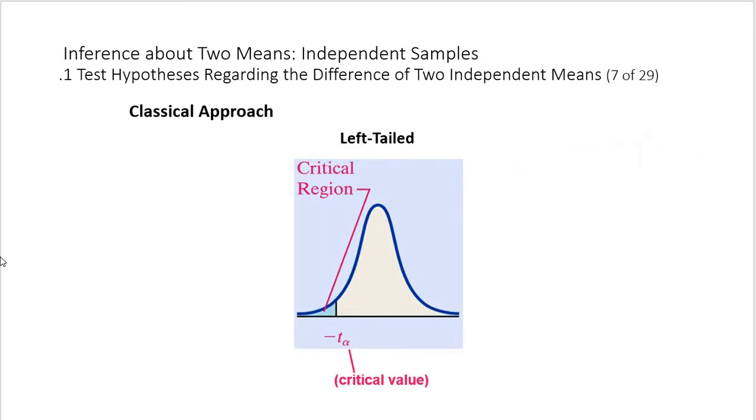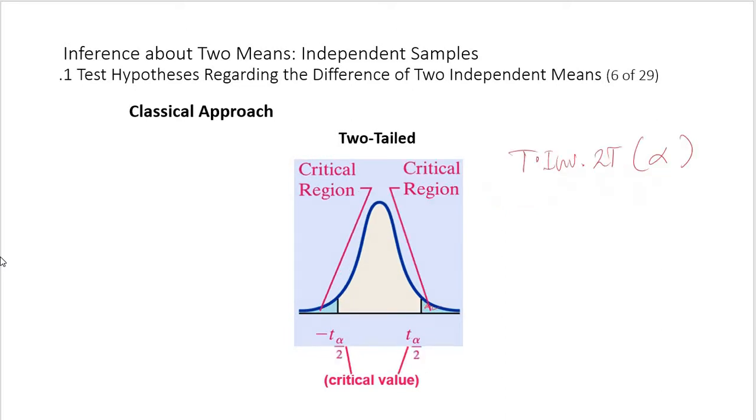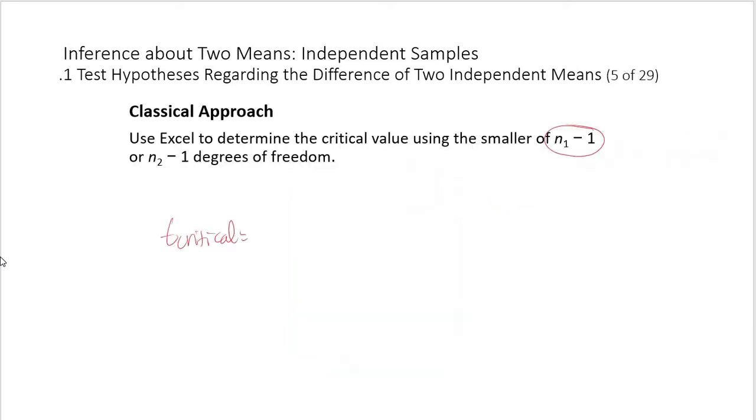If we have a left-tail test, then we're going to compute the t-critical using T.INV of alpha, comma, n minus 1. This is the smallest degree of freedom from the two populations, of course. And the previous one is the same, so there is degree of freedom n minus 1 here as well.